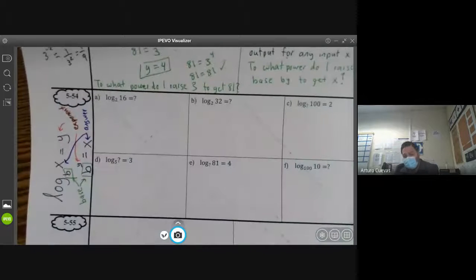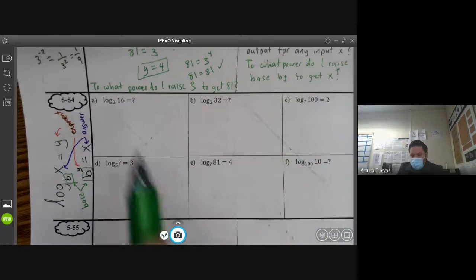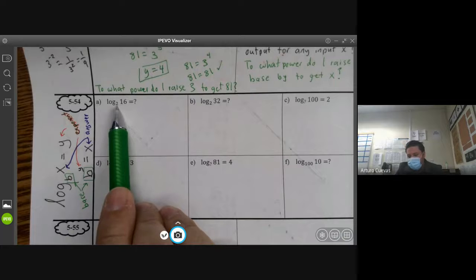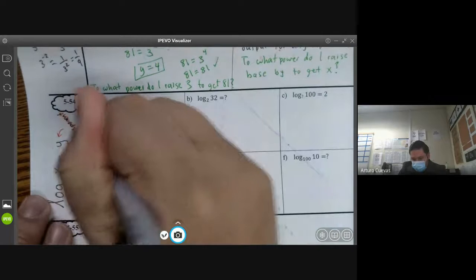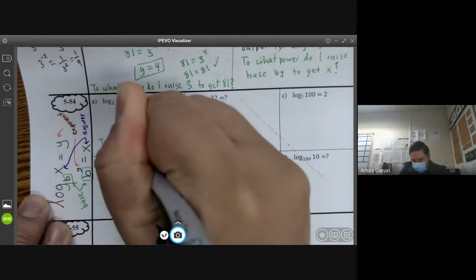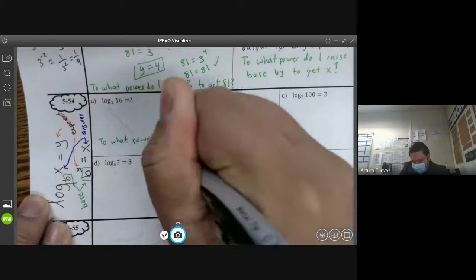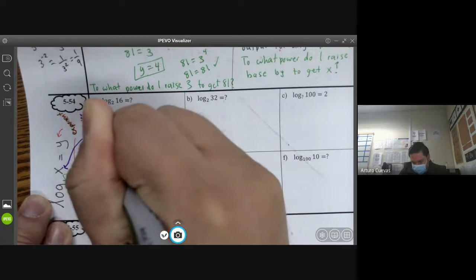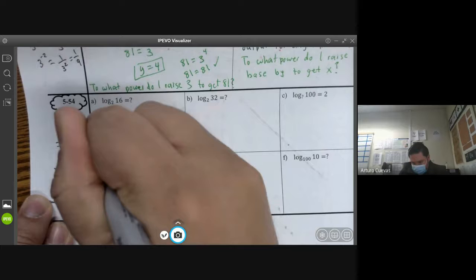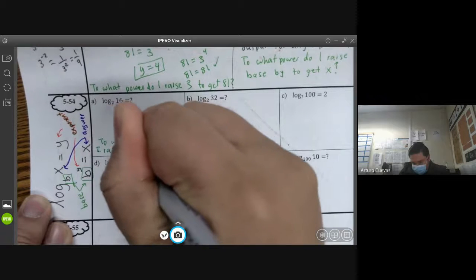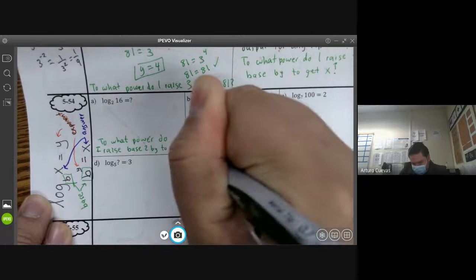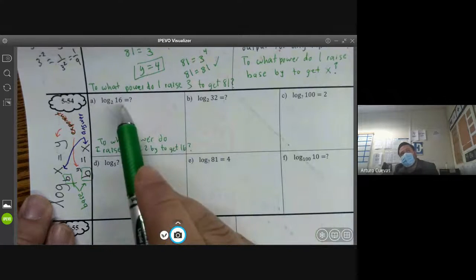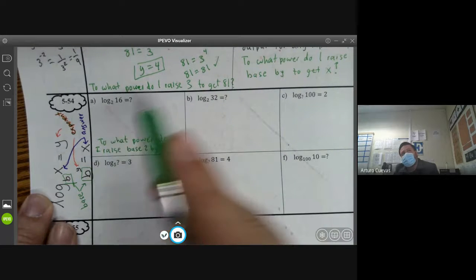So what part A is asking you to do is it's asking, to what power do I raise 2 by to get 16? That's what this is asking.